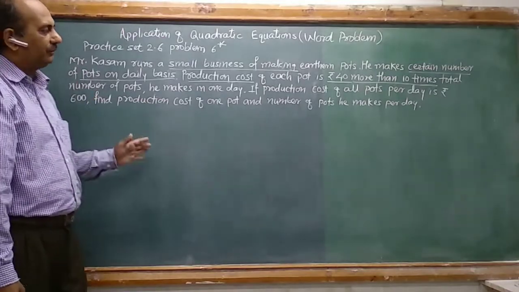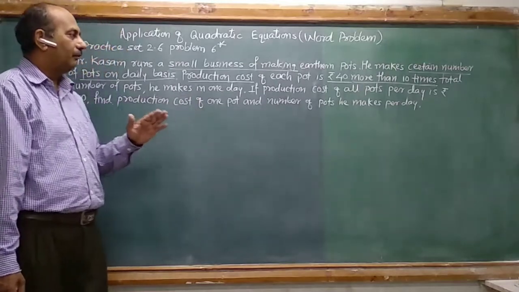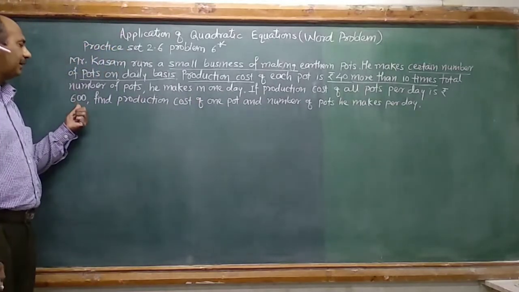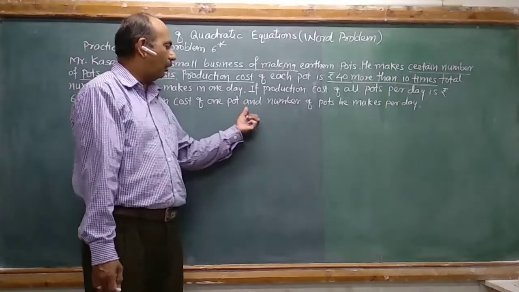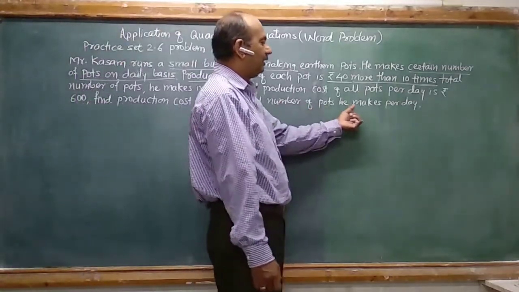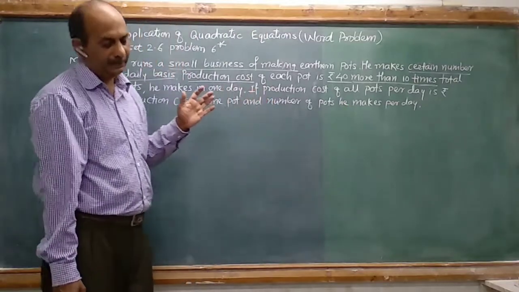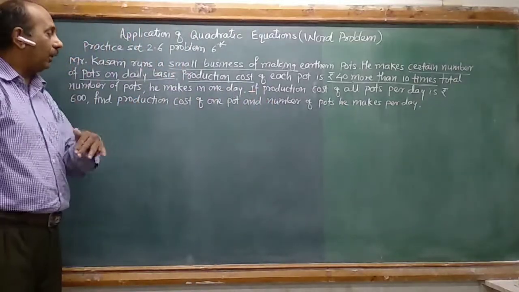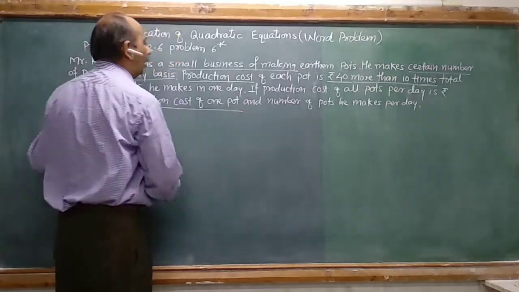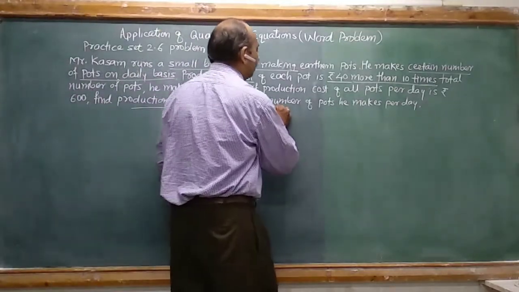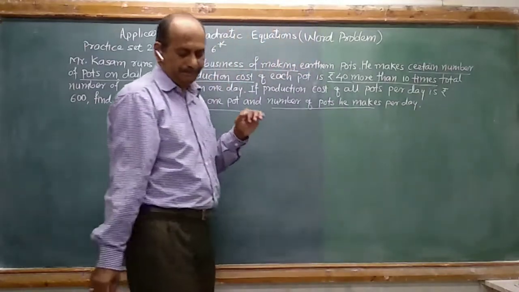If the production cost of all pots per day is rupees 600, then find the production cost of one pot and the number of pots he makes per day. So what we have to find? We have to find the production cost of one pot and the number of pots he makes per day.